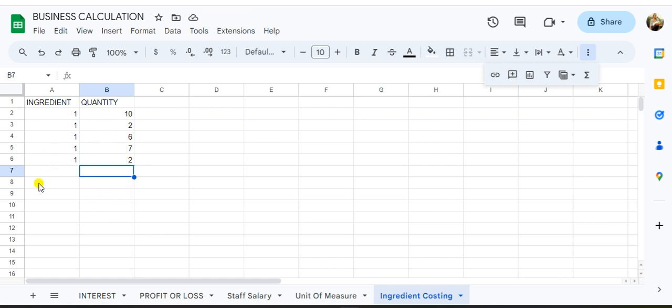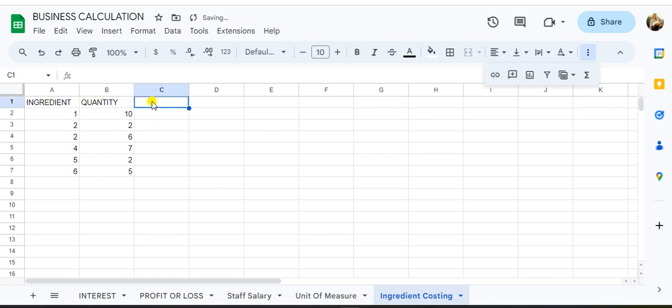Yes, 1 2 3 4 5. Okay, it's not up to 6. Sorry, ingredient 1 2 3 4 5, 6. So here we have 5 kg.